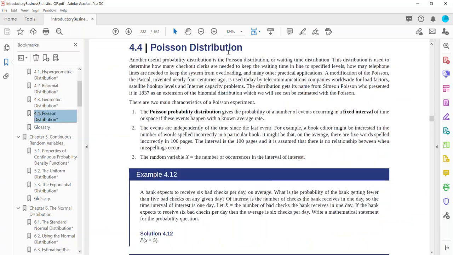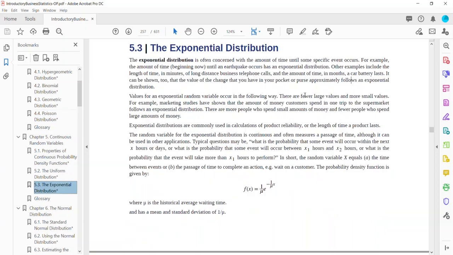In the Poisson distribution, if you remember, the difference is that the Poisson probability distribution is interested in the number of events occurring in a fixed interval of time. The exponential is the other way around. You're concerned with the amount of time until a specific event occurs.